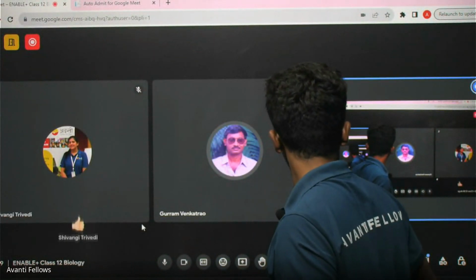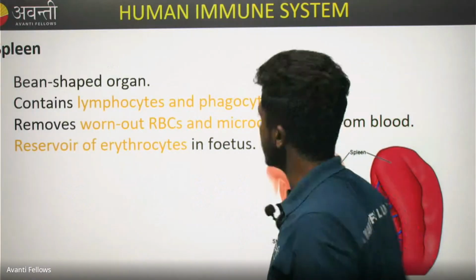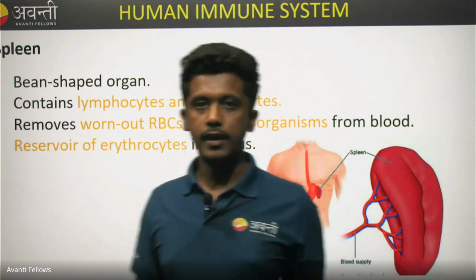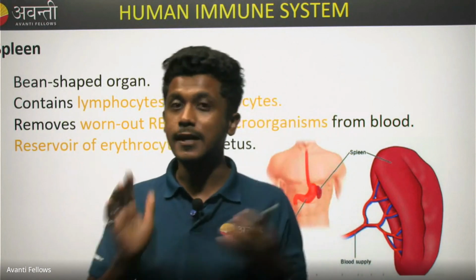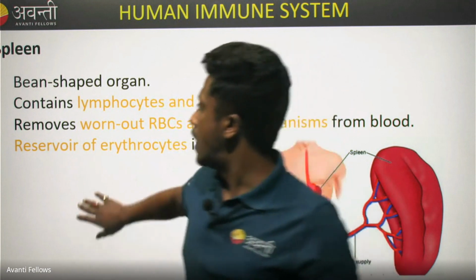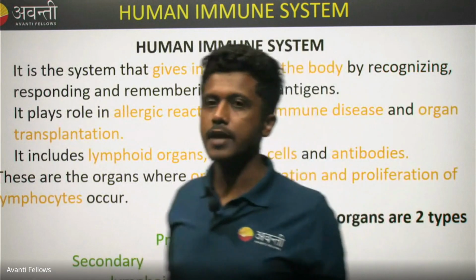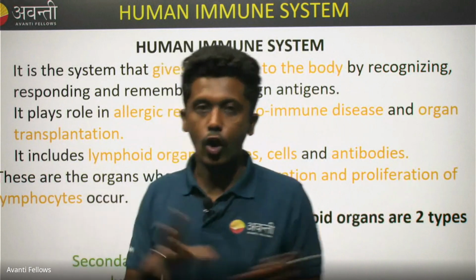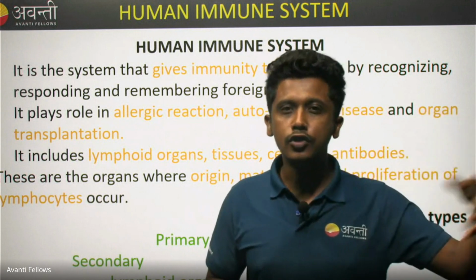So let's go back to our session. In the last class, I gave you a brief introduction to the importance of the immune system, and I told you that an immune system can be a combination of several different organs, tissues, cells.